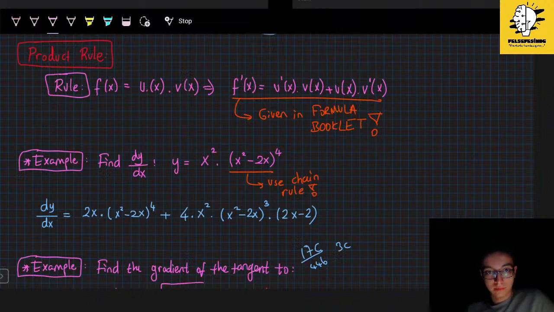So let's say we have a function f(x), and it is equal to u(x) times v(x), and u and v are both functions.